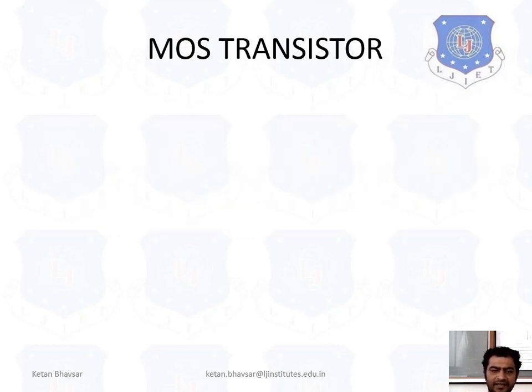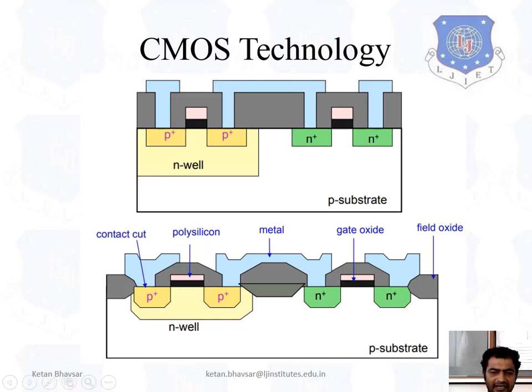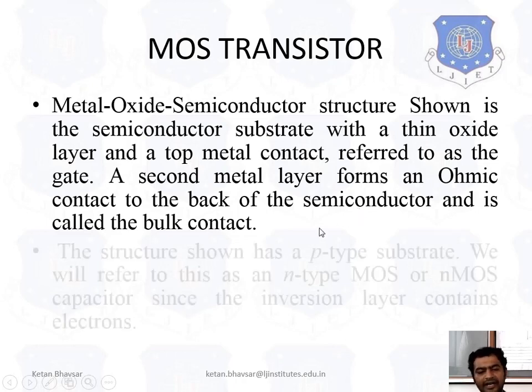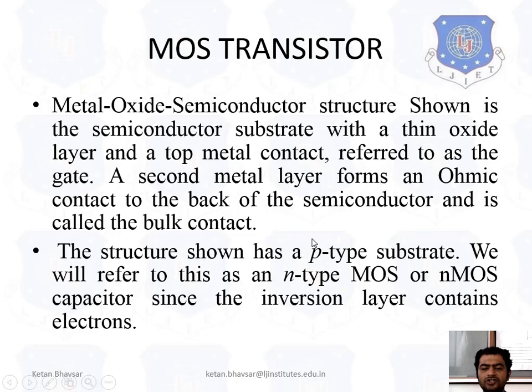As you can see in this diagram, a second metal layer forms an ohmic contact to the back of the semiconductor, and it's called the bulk contact. The structure is shown with a p-type substrate, which we will refer to as an n-type MOSFET or NMOS capacitor, since the inversion layer contains electrons. Definitely, if you take a p-type substrate, then you are designing an NMOSFET.